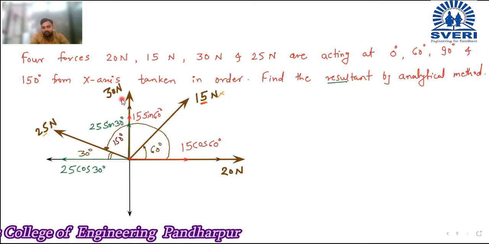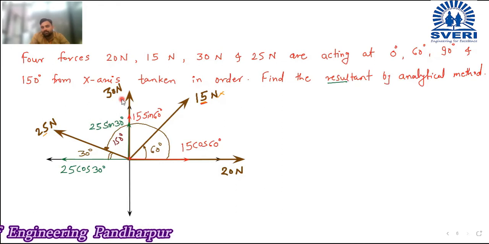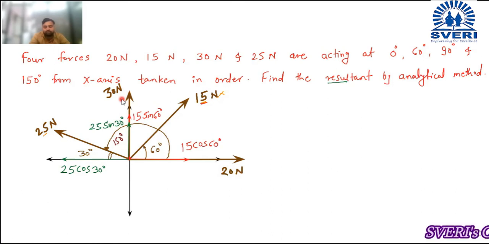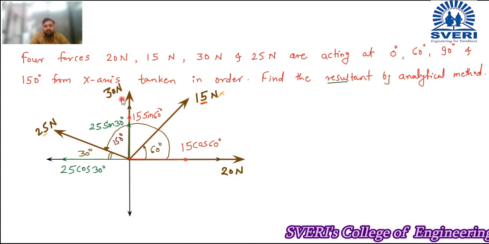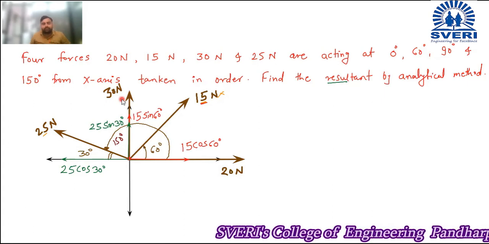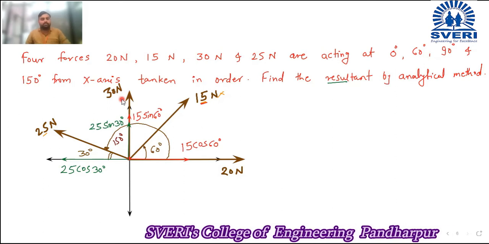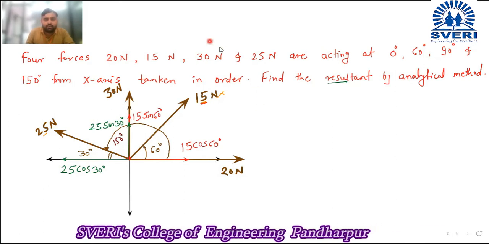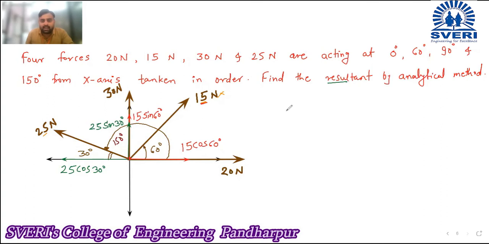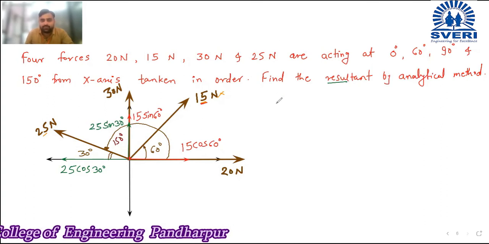Just check it and let me know, is there any doubt? So that we can move further if there is no doubt. Is there any doubt? No, sir. Okay. So now further, we will calculate summation Fx.